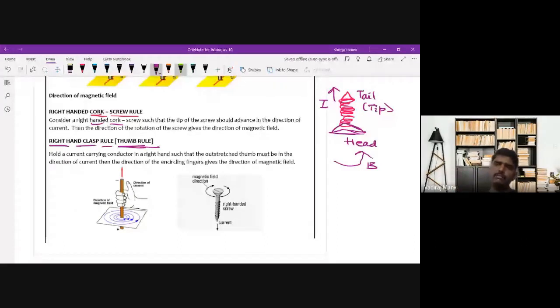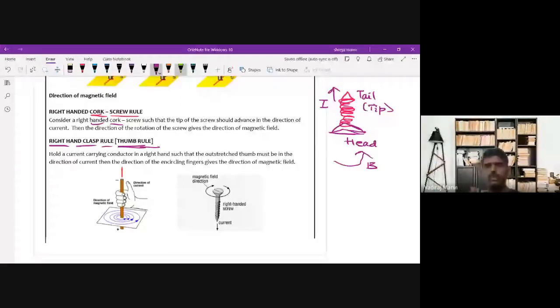If I clasp this in my right hand such that the thumb indicates the direction of current, then the remaining fingers should indicate the direction of magnetic field. I repeat, whenever I take a conductor carrying current, if I clasp it, clasping means holding it, in the right hand such that the thumb indicates the direction of current, then the remaining fingers indicate the direction of magnetic field.